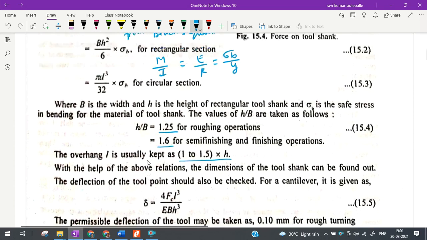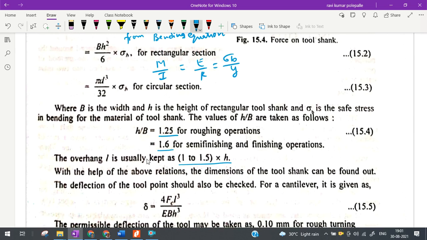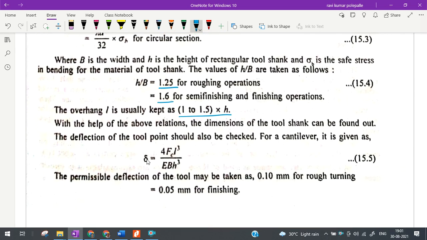Right? So once this calculation is made, I should also check whether the design is safe from the deflection point of view, or rigidity point of view.